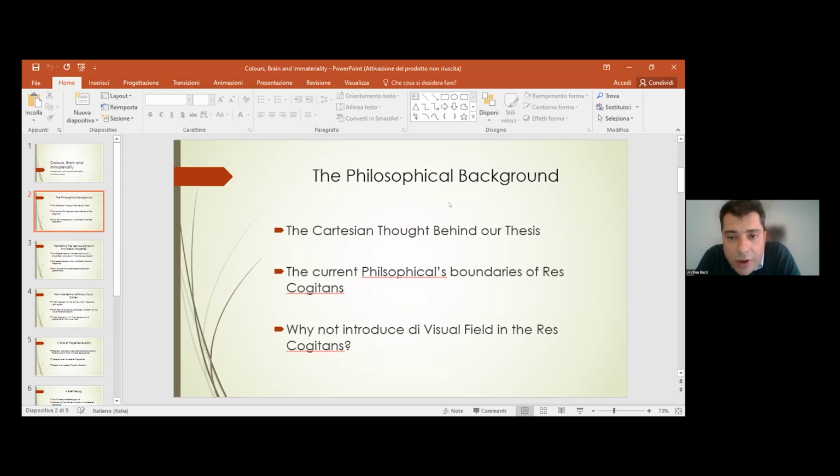And nowadays, the philosophical boundary of what Descartes thought of as the res cogitans is indeed perception, because it is hard to think that what we perceive is something transcendent and immaterial.